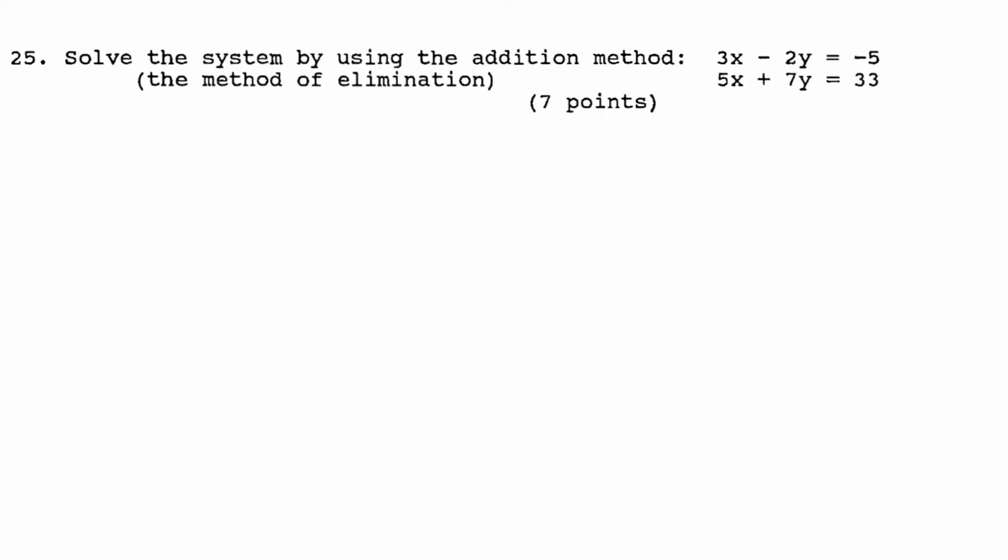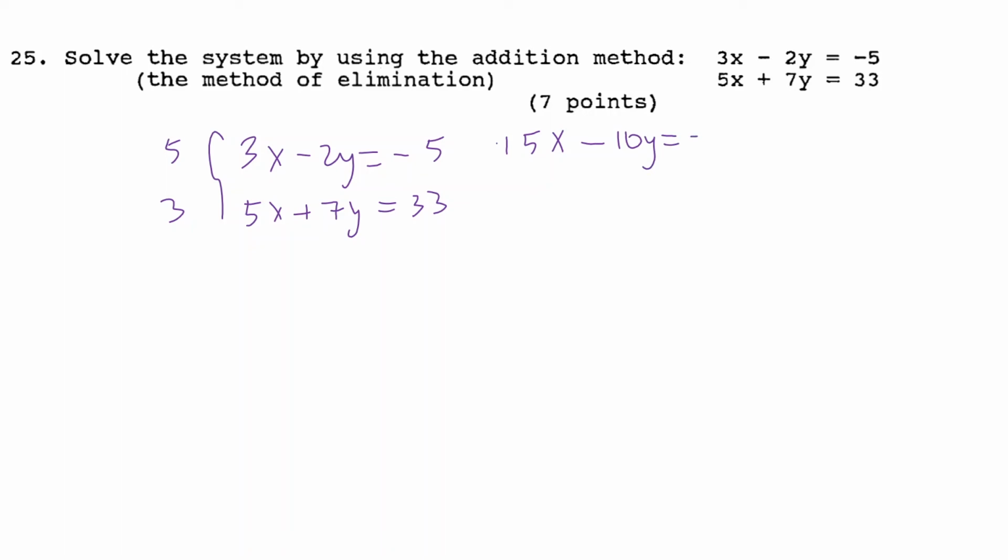All right, solve the system. No multiple choices anymore. Solve the system by using the addition method. So 3x minus 2y is equal to negative 5. 5x plus 7y is equal to 33. So you multiply this by 5, you multiply this by 3. So here we get 15x minus 10y equals negative 25.